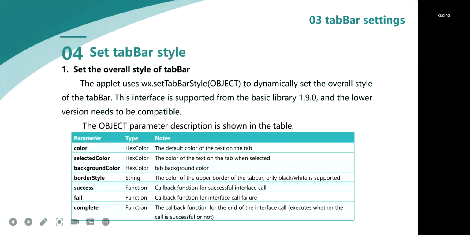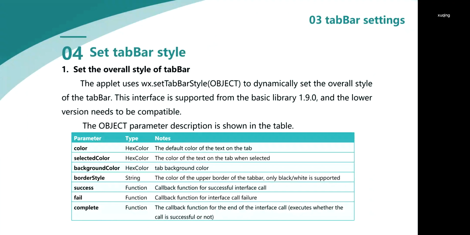And then we have some methods to set the overall style of the Tabbar. In this part, we use Weixin set Tabbar style to dynamically set the overall style of the Tabbar.